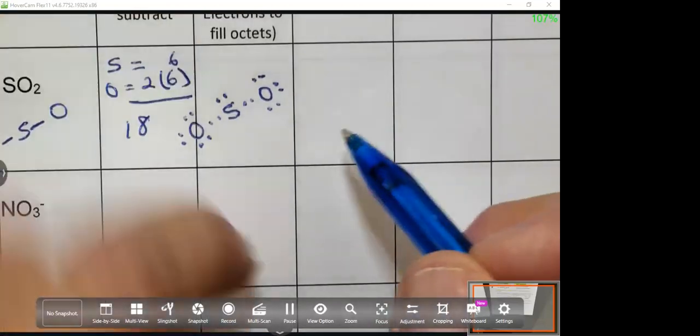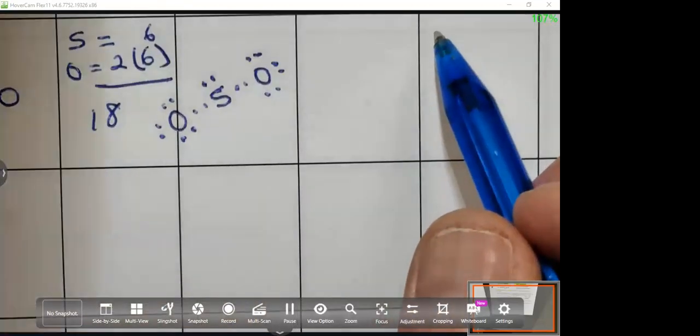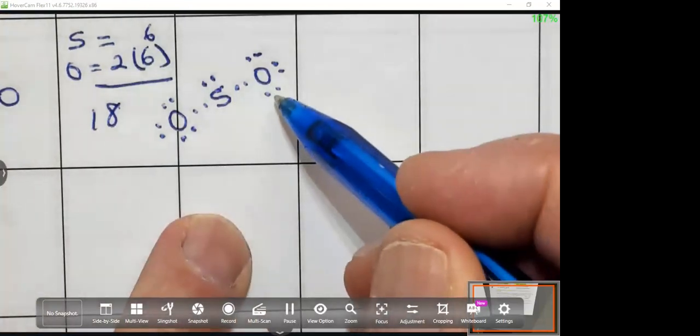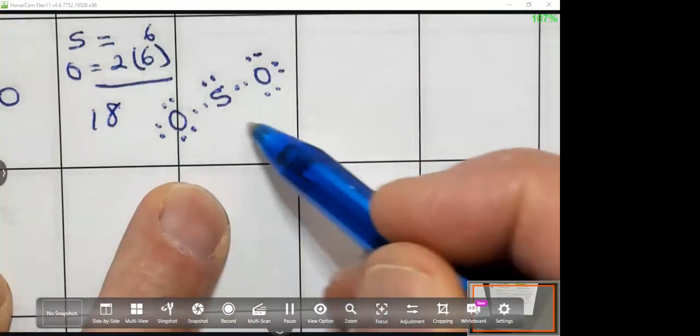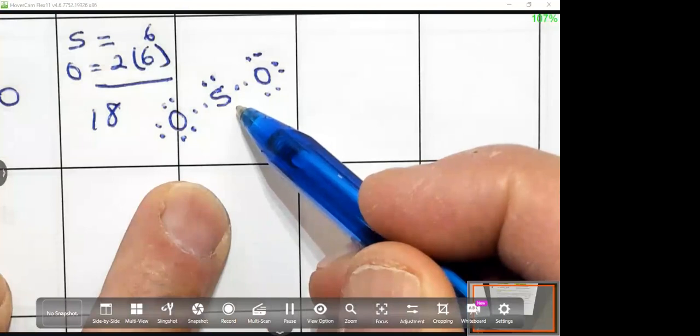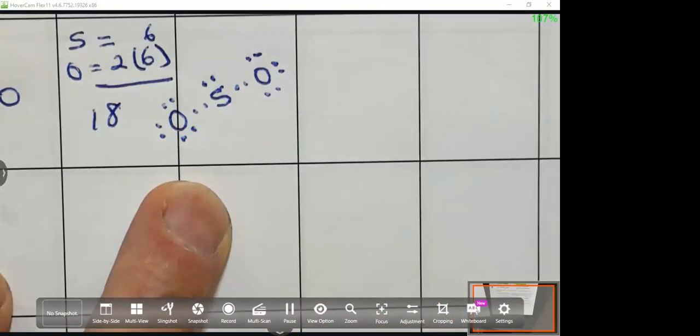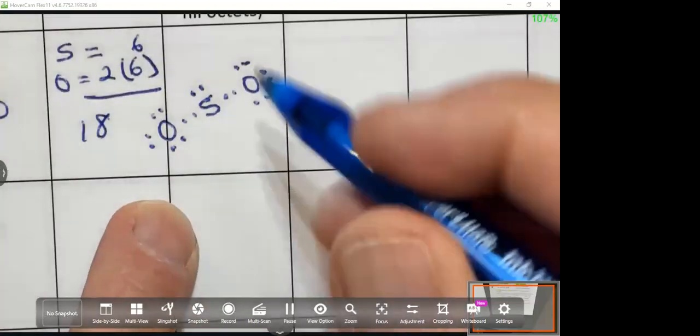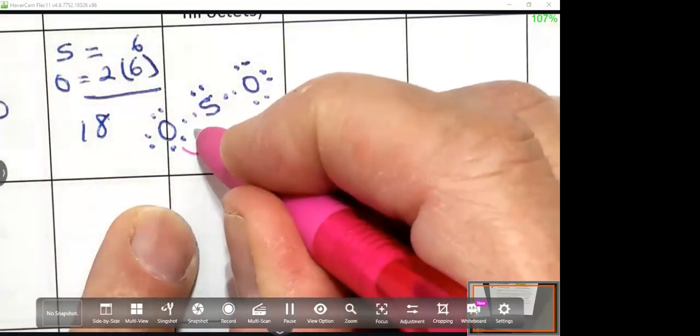Okay. Now the question is, which oxygen do I take the 2 electrons from? That's the question. Well, first of all, let's just drop these 2 in.